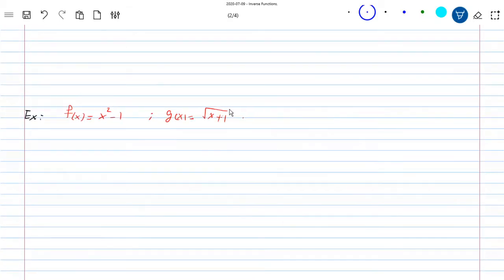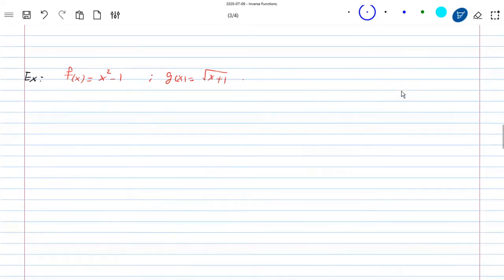Okay, how about this example? Is g the inverse of f or not? So let's try to calculate f of g of x. What you get is f of square root of x plus 1.